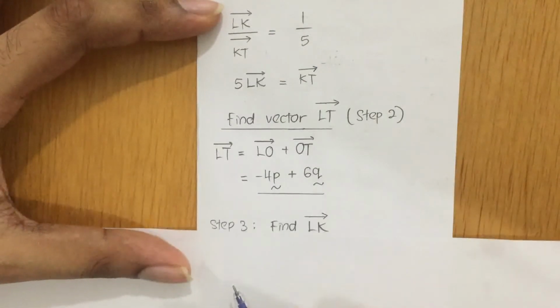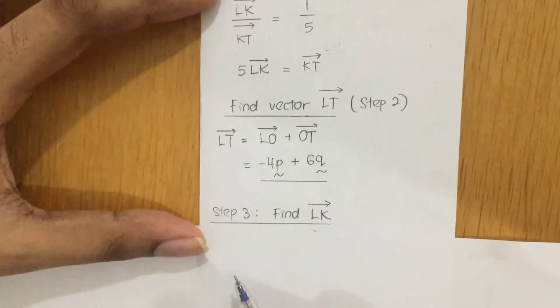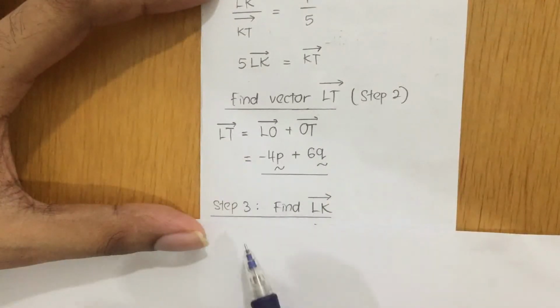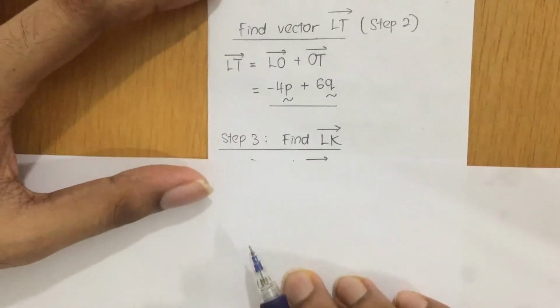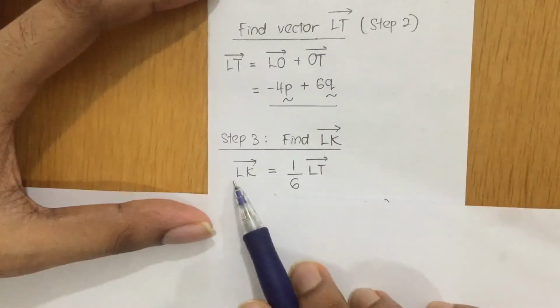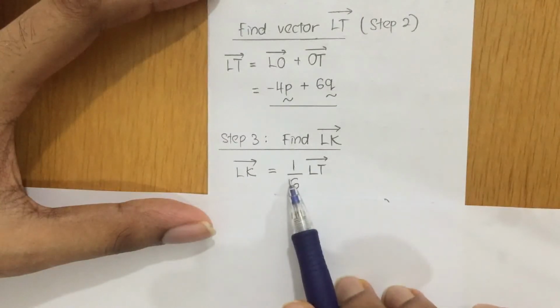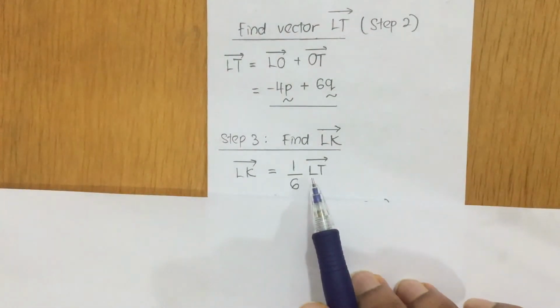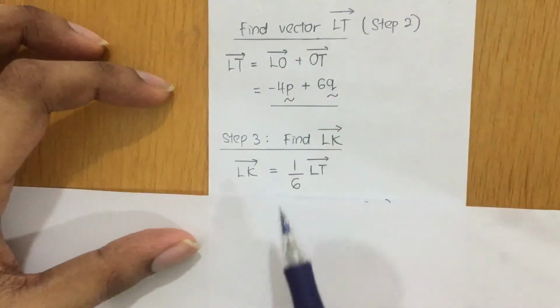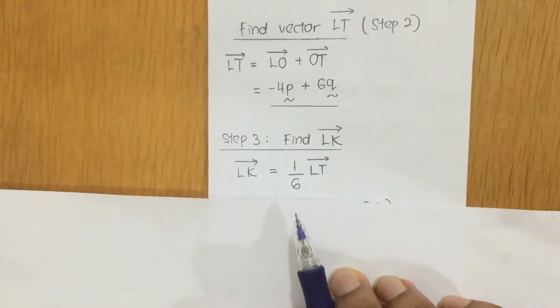Next, step 3. Once you find the vector LT, then only you can proceed to find the vector LK. So LK is equals to 1/6 of the vector LT. If you do not understand this, I am going to show you the sketch diagram.